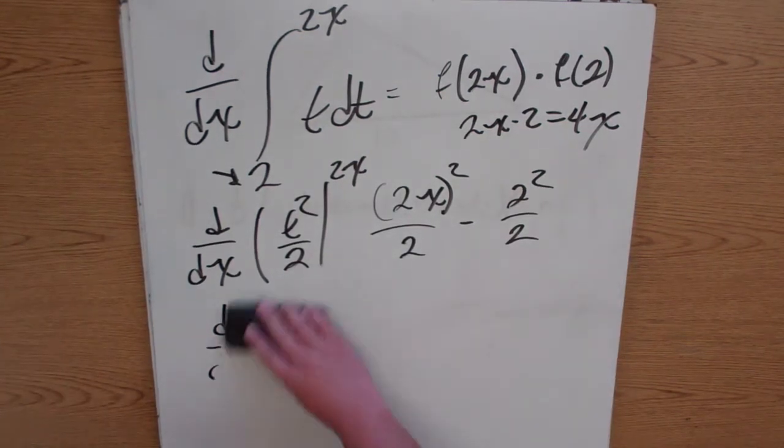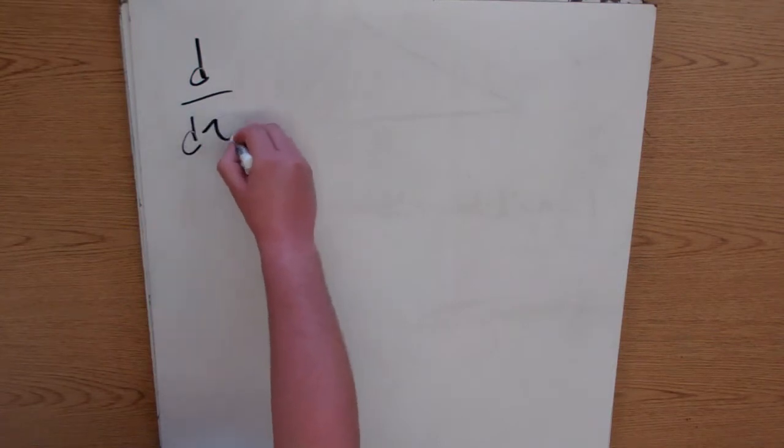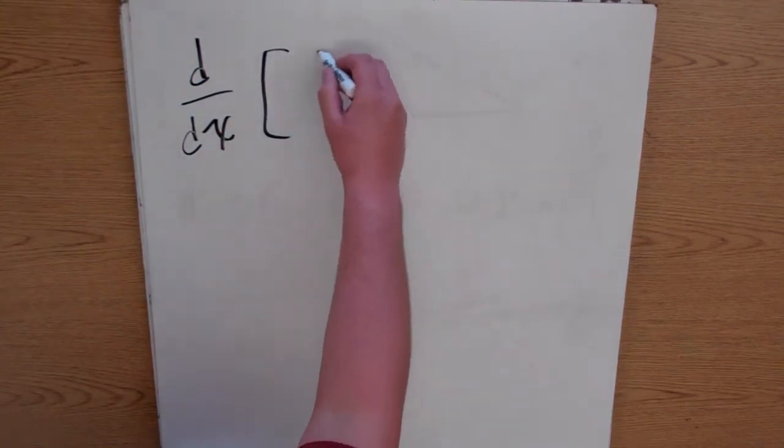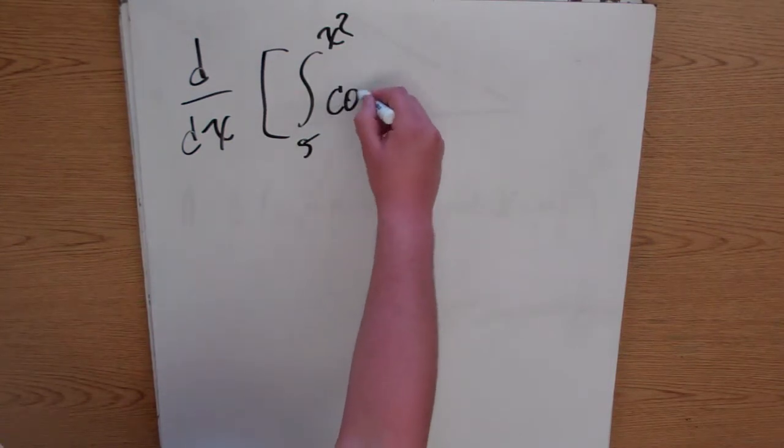What happens if you have a trigonometric function in there, though? Say we had a trig function in here. We want the derivative of the integral from 5 to x squared of cosine t dt.